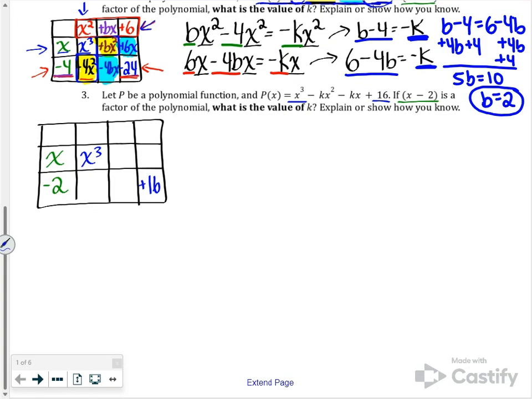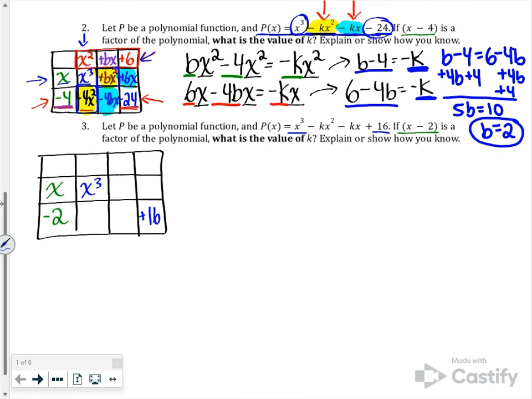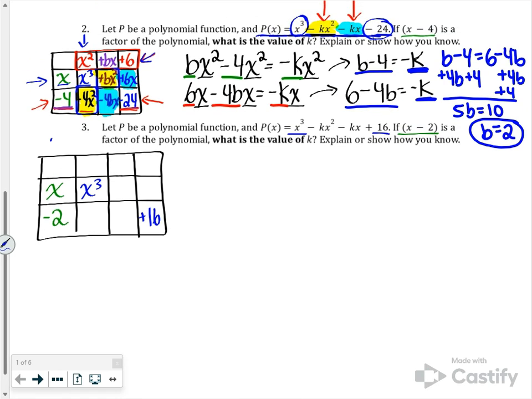And from there, I need to start building anything I know about this division of the polynomial. I'm going to reference back to this box, and you know that the boxes that were highlighted, here, here, here, and here, those are going to be empty.